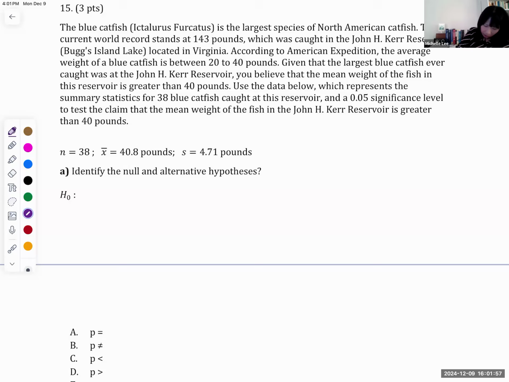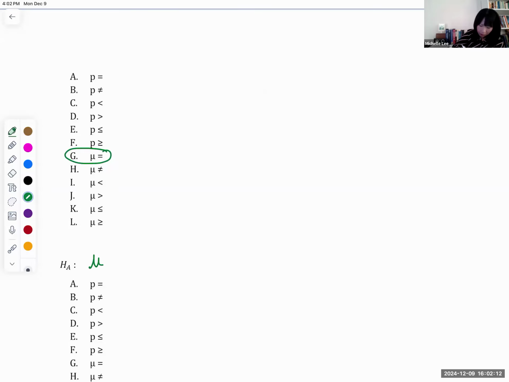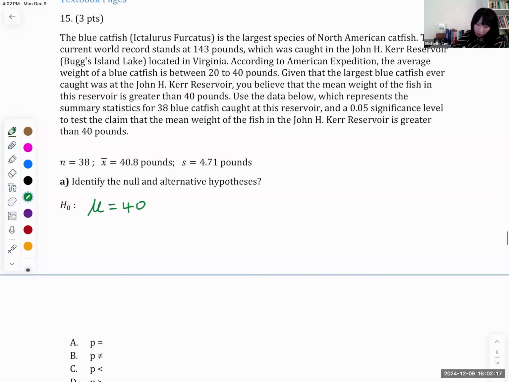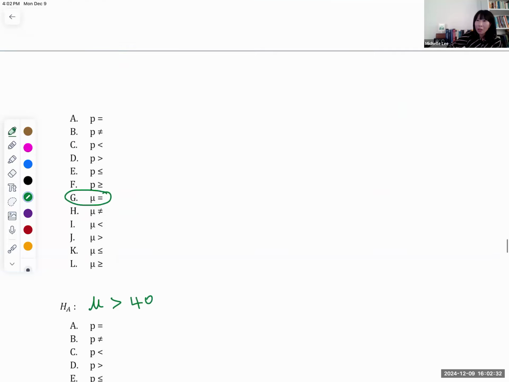So mu equal to 40, and then mu is greater than 40. Let's find out. It's greater, yeah, that's why it's greater. Very good.